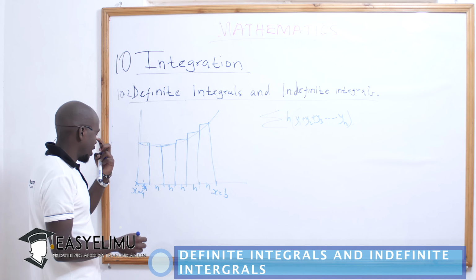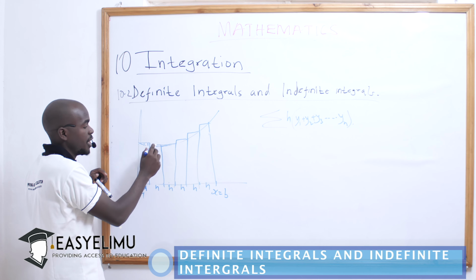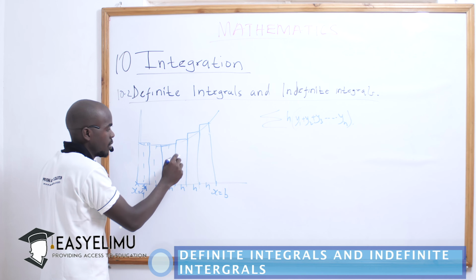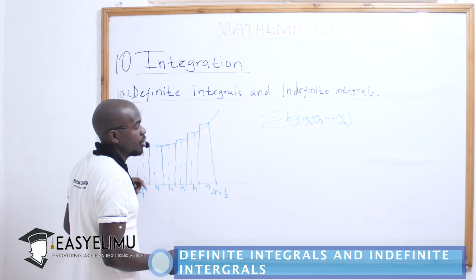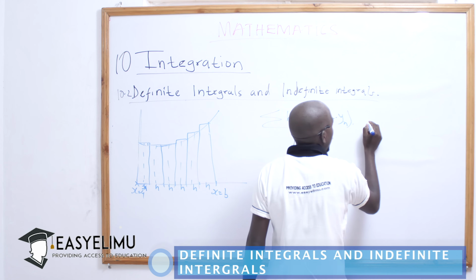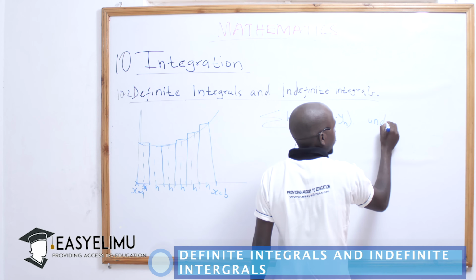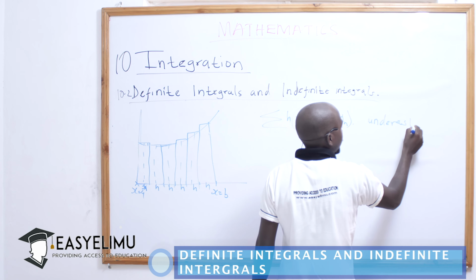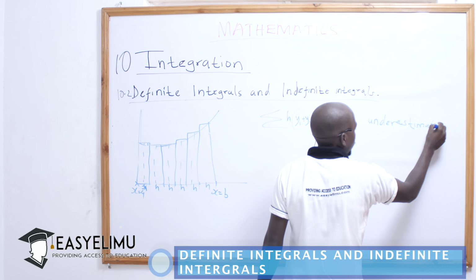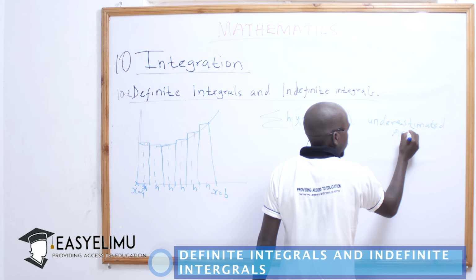Now we estimate in that way, and then also you find the mid-ordinates. And this was the underestimated area.